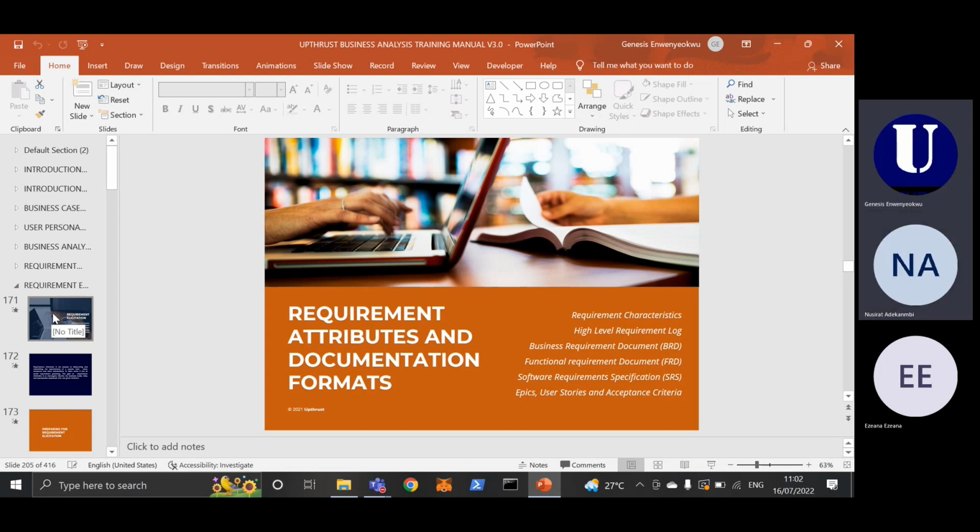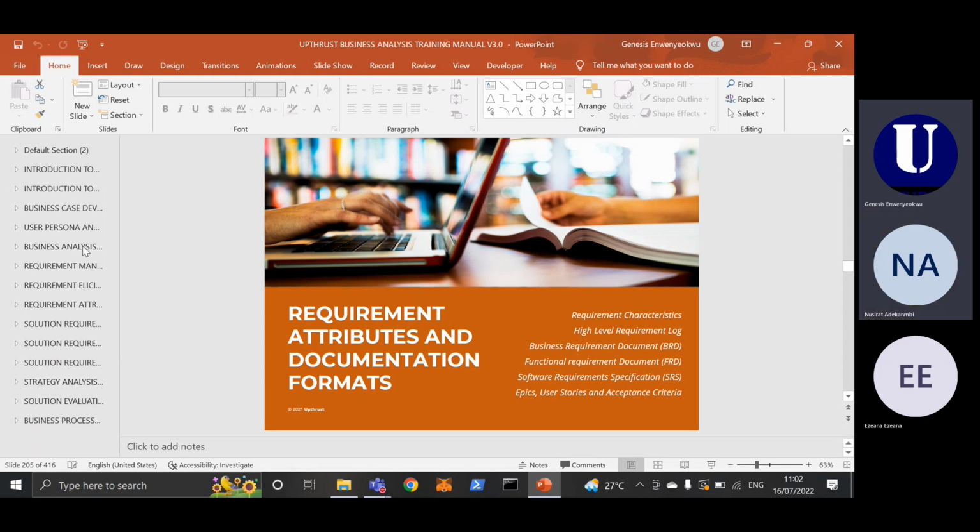Because how I do it is this: you see this material that I used to train you guys, all the topics. At the end of the training, I'll send you a guide, a book that contains everything that you have done. Do you want it like this, or do you want me to be sending it class by class, whereby you now have different places and you don't know where you store some of them? How do you prefer it?